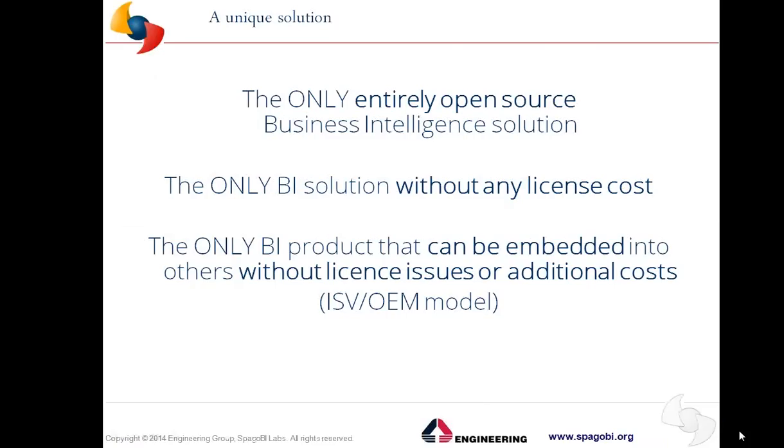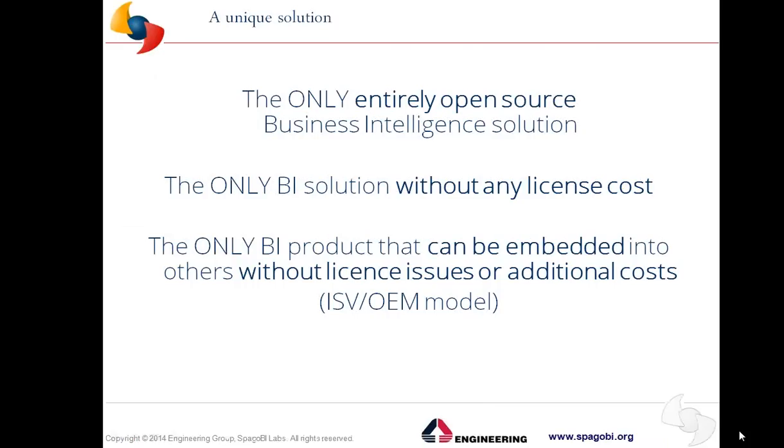So there's no Community Express, whatever edition, and Enterprise edition, and you have to pay for the Enterprise edition. There is just one stable version. So this is the philosophy, it's the approach. There's just one version, which can be downloaded and used without any cost associated to the license.